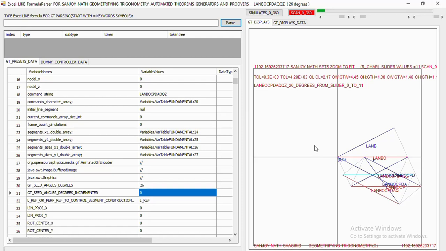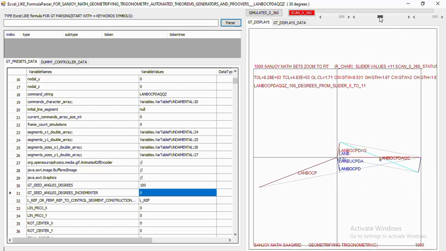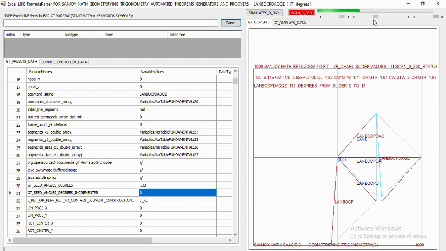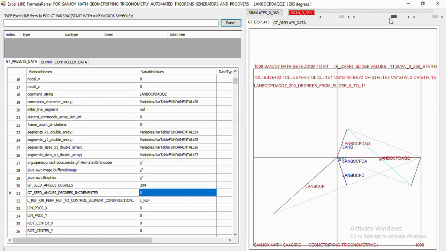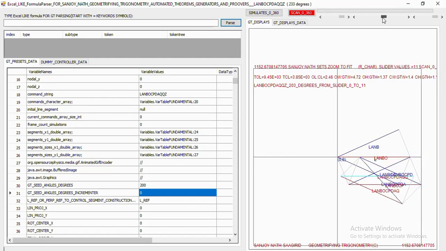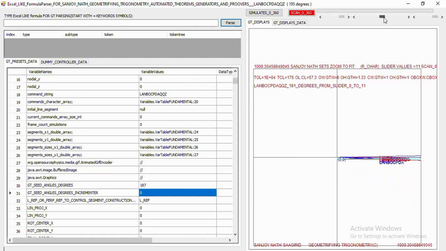So the output line segment has the same length as the input line segment for this Gtsimplex, and we can check the behavior of this Gtsimplex for different values of theta. And the behavior of this Gtsimplex is like this, and it is a jungle.